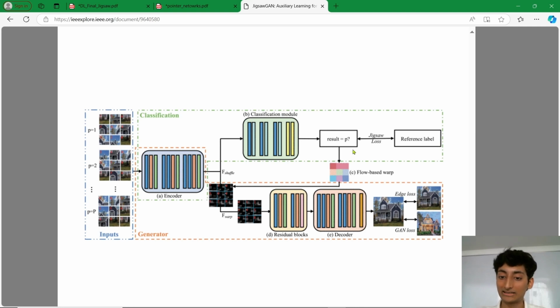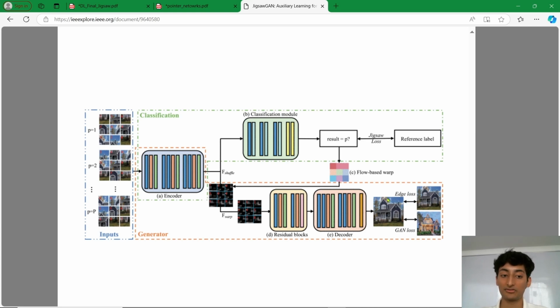So they generate this flow-based warp using the reference label they just generated, and then they go back and create this F warp. They overlay this flow-based warp on the warp that they had originally obtained. With this, they put it into a residual block network, then into a decoder block network, and they reconstruct the image. To reconstruct the image, they use two losses, which are the edge loss and the GAN loss.